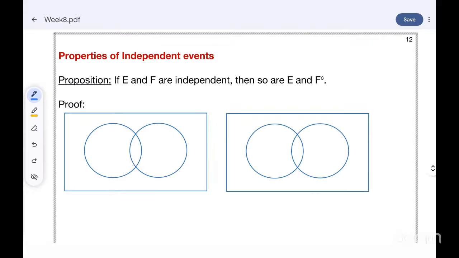What does that mean? Suppose the events E and F are not dependent on each other. Then F complement should also not affect E, right? Intuitively, you can see that this should happen. Can you all feel that intuition?